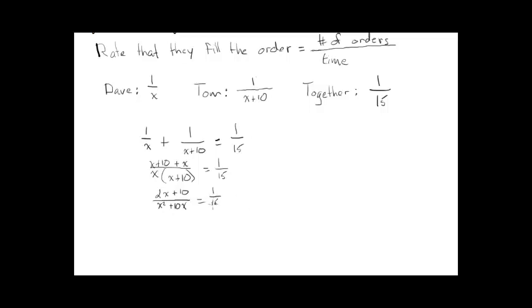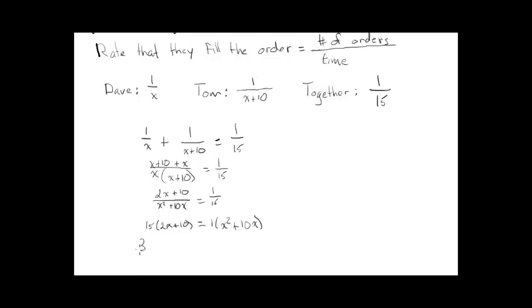So here we could cross multiply or multiply each side by the denominator. You'd have 15 multiplied on both sides, which gives you 15 times 2x plus 10 equals 1 times x squared plus 10x.